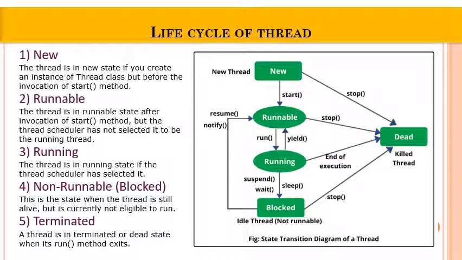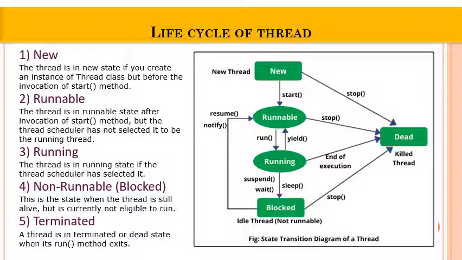That is, the thread has joined the queue of threads that are waiting for execution. So it is not running, it is only in the state of waiting for the availability of the processor.